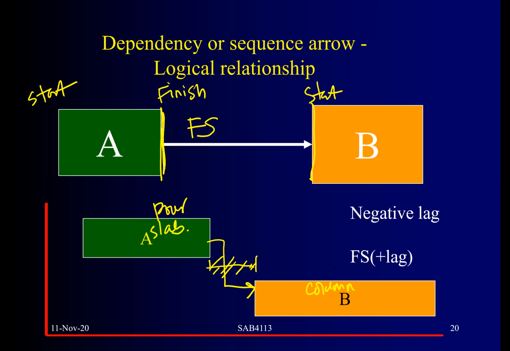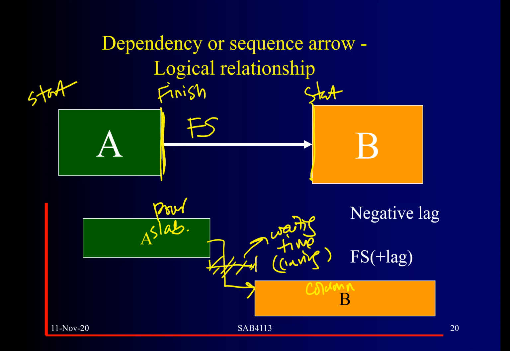Logically, you cannot construct the column immediately after you simply pour the slab concrete. You need to wait for a few days. So this is like a waiting period, waiting time, curing.